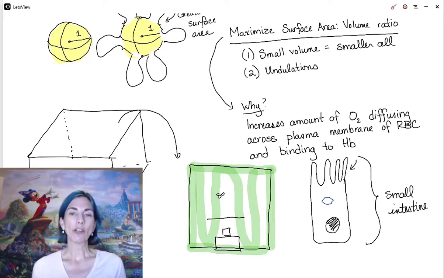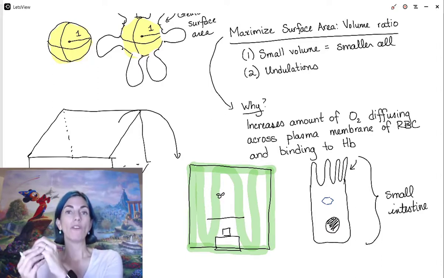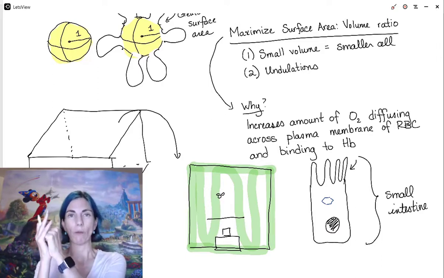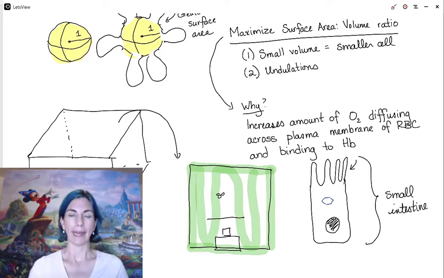But by increasing the surface area relative to the volume, I increase the likelihood that I'm going to run into that oxygen. And therefore, the likelihood that I'm going to get that oxygen to move into the cell where it will stick to a hemoglobin and be transported around the body. So what our bodies do is decide to sacrifice volume, keep the cell small.